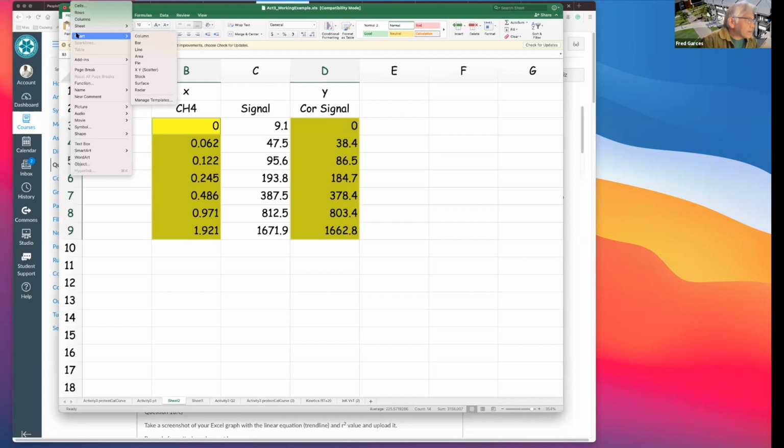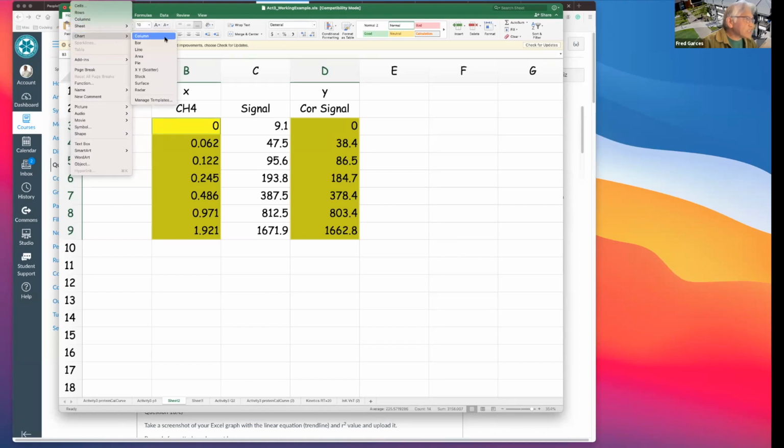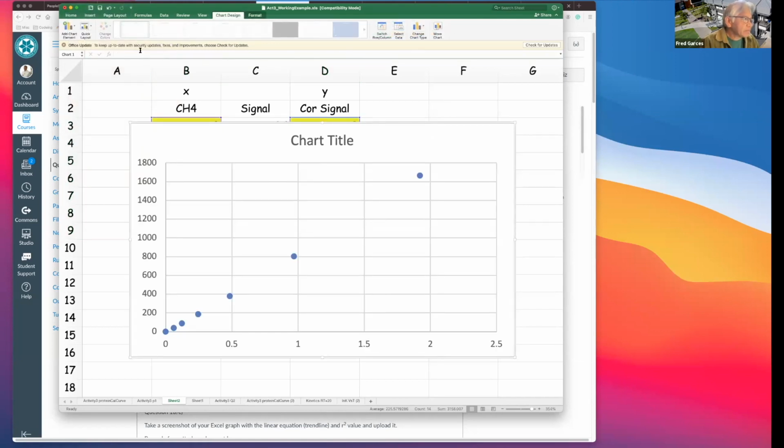So take a look at that. Like I said, there's two toolbars, one right here in your spreadsheet, and then there's another one right here in the window for your computer. The Y and the X are still highlighted, but I'm going to insert a chart, and the chart is going to be a scatter. It's got to be scatter.